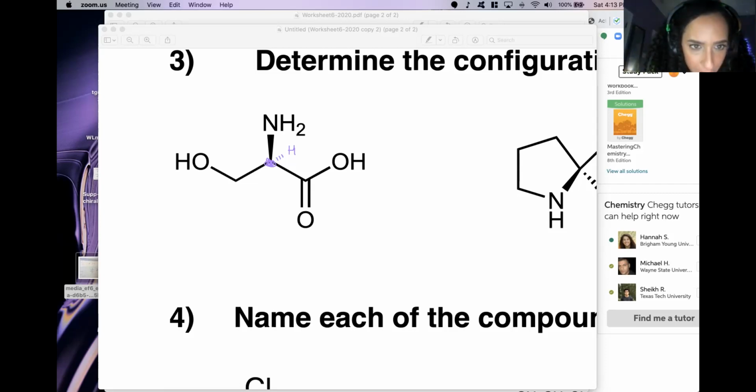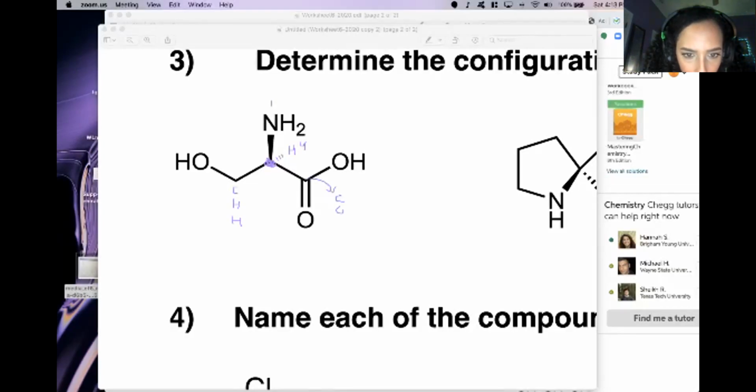Right, so right here, this is going to be our first one, obviously, and then this is our fourth. All right, so this carbon is CHH, and then this carbon is COOH. Sorry, wait, no, that wouldn't work.